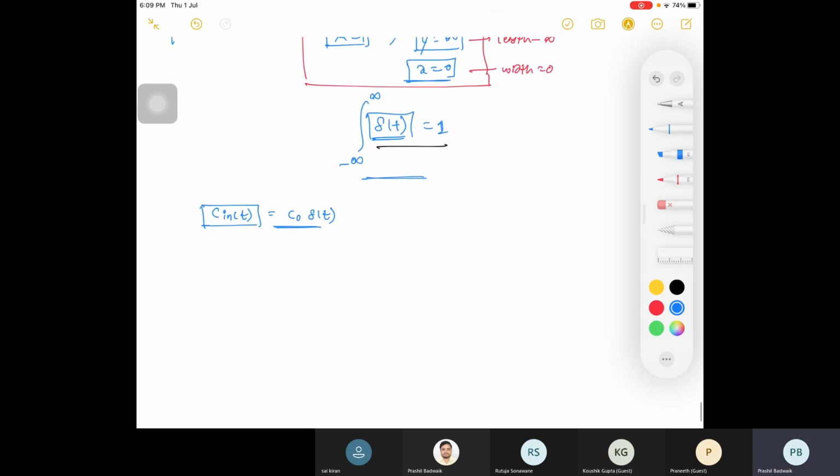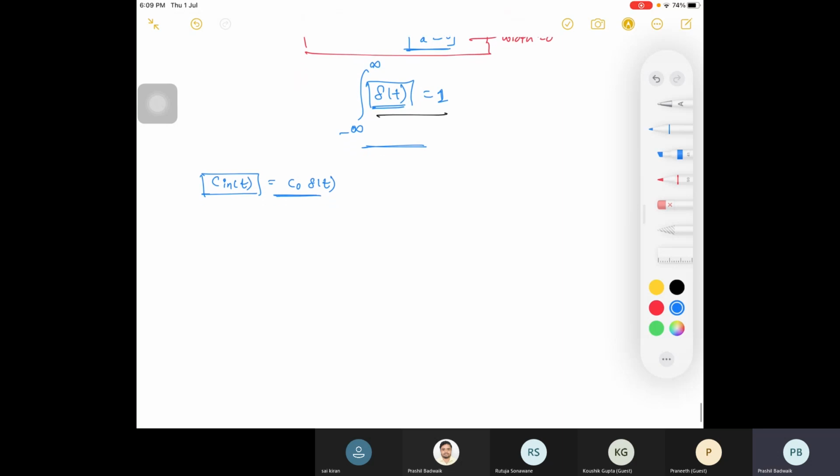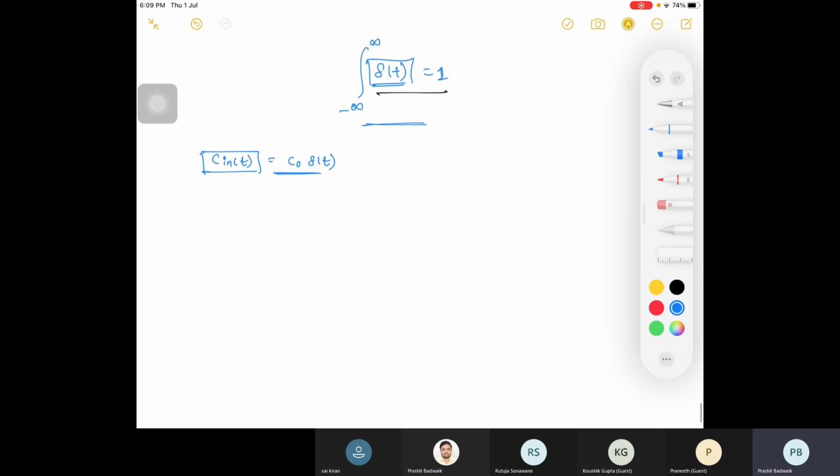Then at the exit, what is your value? C out at any time t. We will have a similar condition, right? T less than 0, t greater than 0, and t equal to tau p. So this value will be your C naught. This is your 0, and this is your 0.